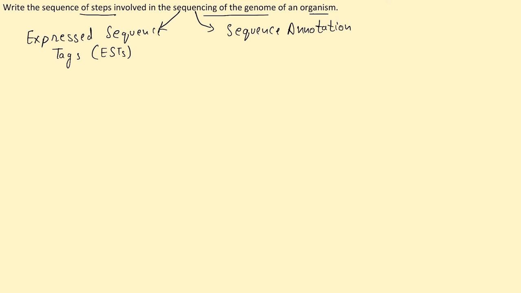In expressed sequence tags, the sequencing of only the coding part of the genome takes place.